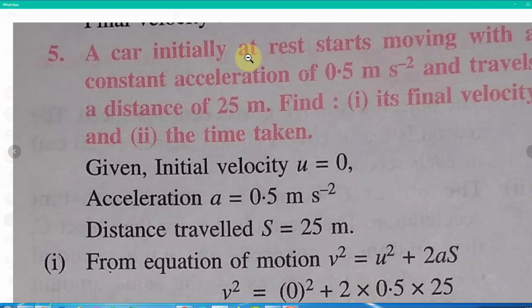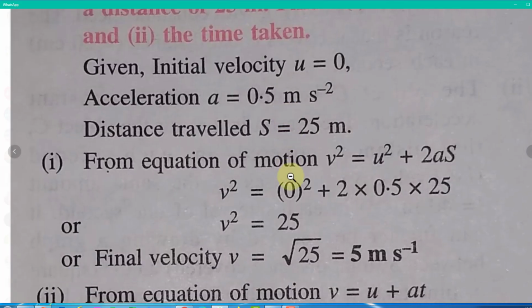Now the body is moving with which type of acceleration? Uniform acceleration or constant acceleration. So as the body is moving with uniform acceleration, we can apply any of the three equations of motion. The uniform acceleration is 0.5 meter per second square, and it travels how much distance? 25 meter. We have to find what? Final velocity and time taken.